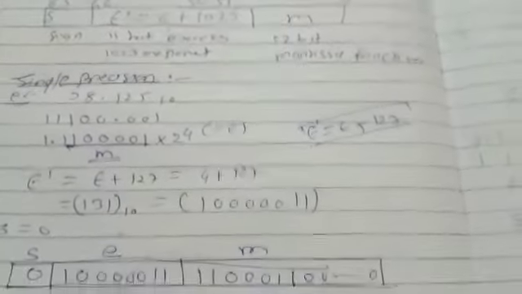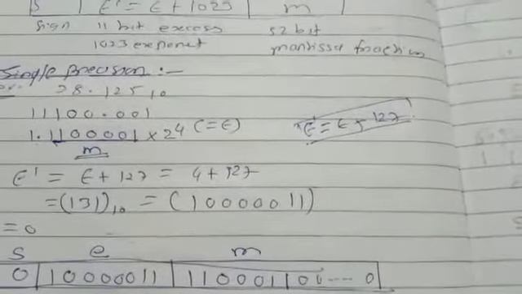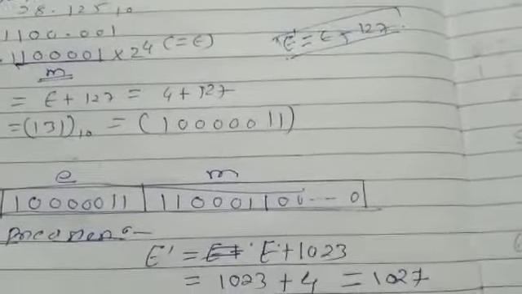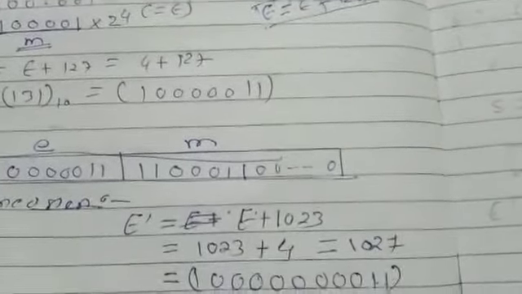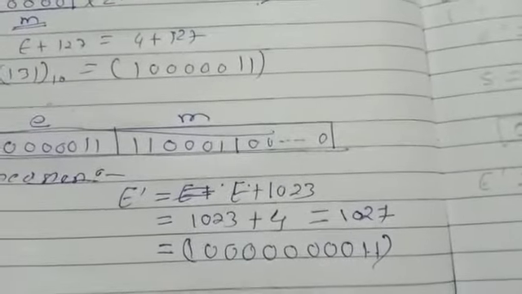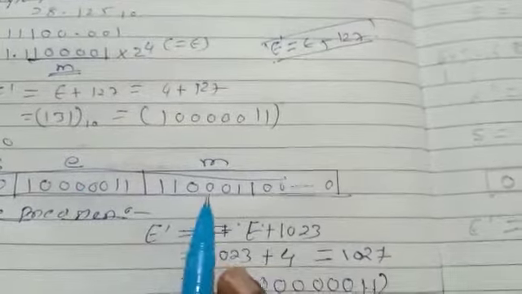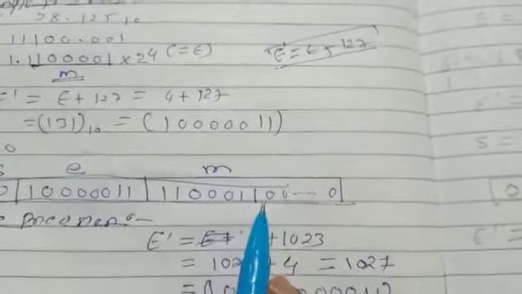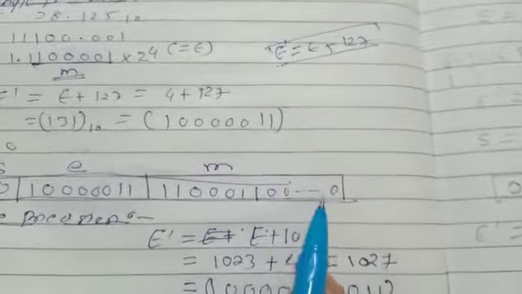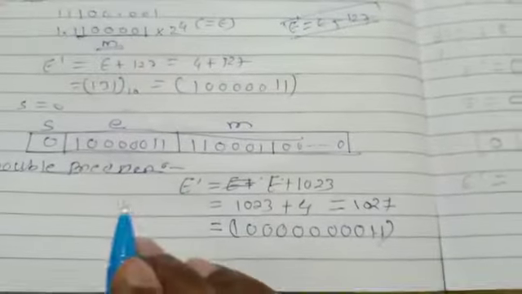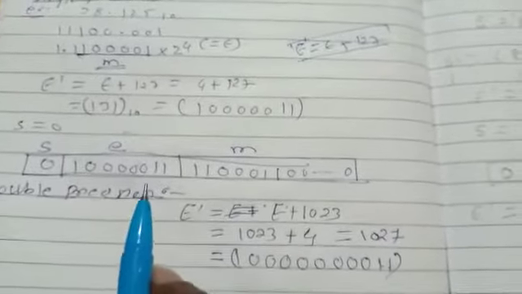It should always be 23 bits. If it is not 23 bits, to make it 23 bits we always put 0s on the right side. So here we take 11100, and after that, to reach 23 bits, we add 0s. So this is an example of the single precision format.